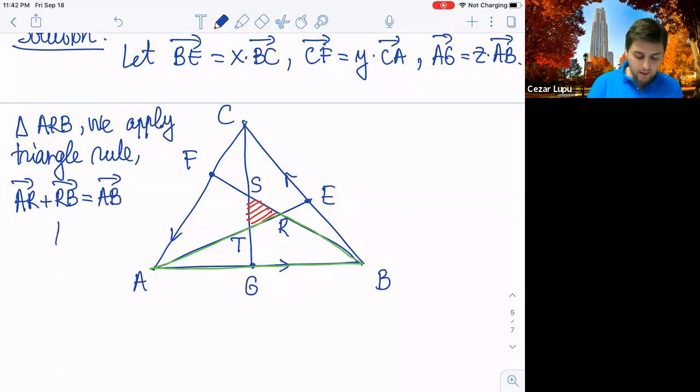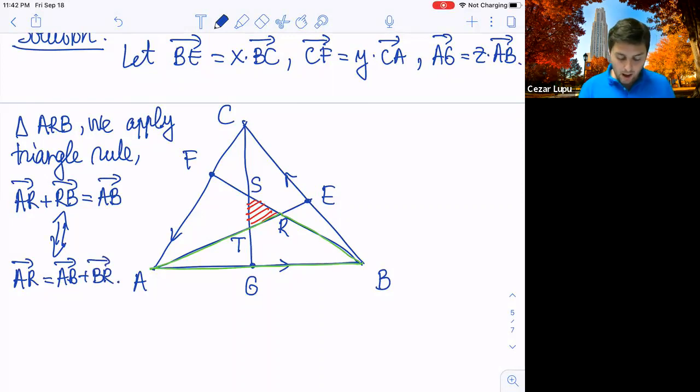Or equivalently, we can write this as AR vector is AB vector minus RB vector, or plus BR vector, right? So we have this. And now we can express this in the following way, BR.